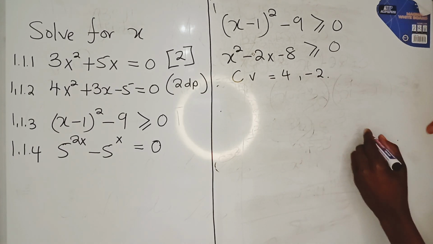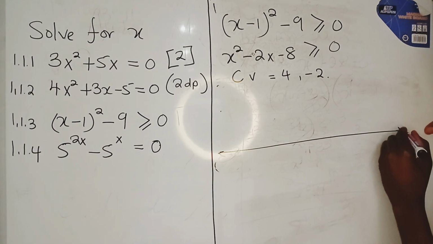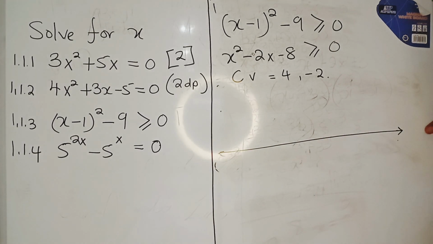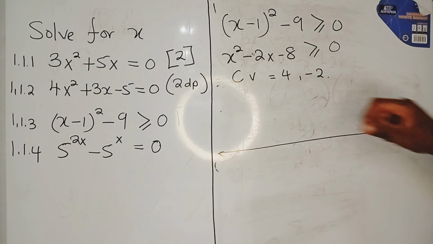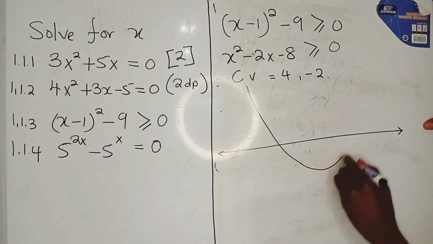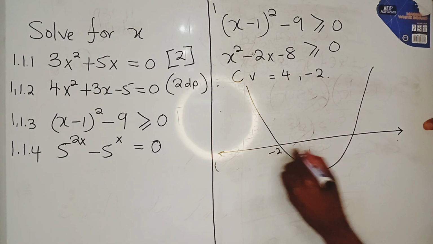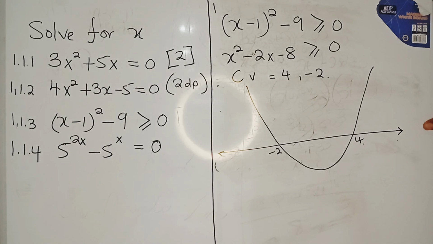So what you do here, I always encourage my learners to use the graph. When you look at this, obviously it's a smiling parabola, so it must be in this form. Then you put minus 2 here and 4 here as your critical values.